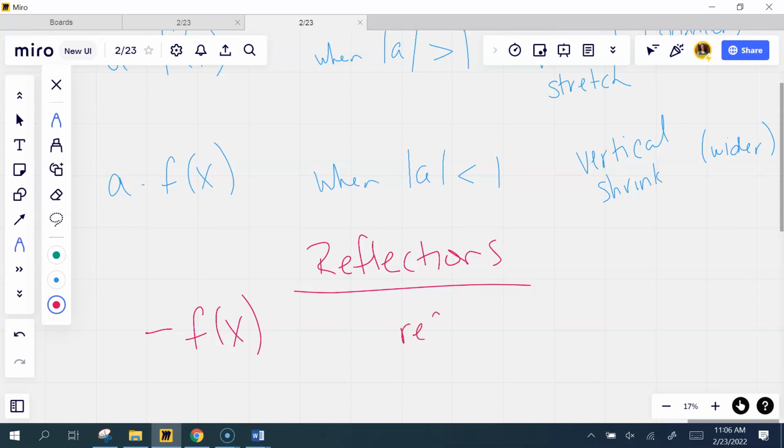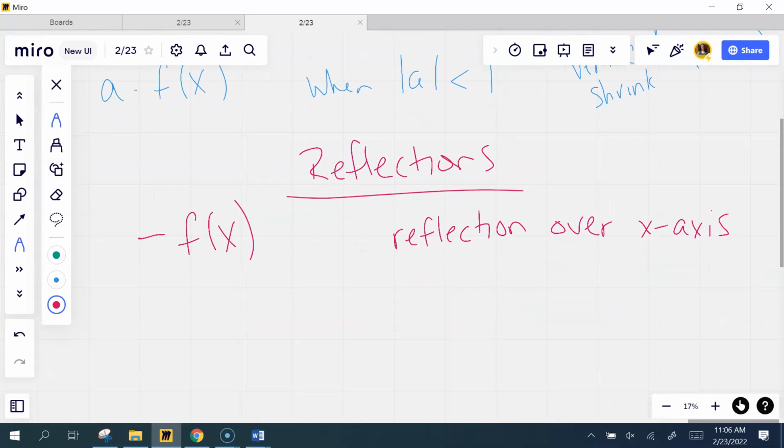This is a reflection over the x-axis. And I told you I wanted you to add another line on here, and the reason is we can also make x negative, and that reflects over the y-axis.